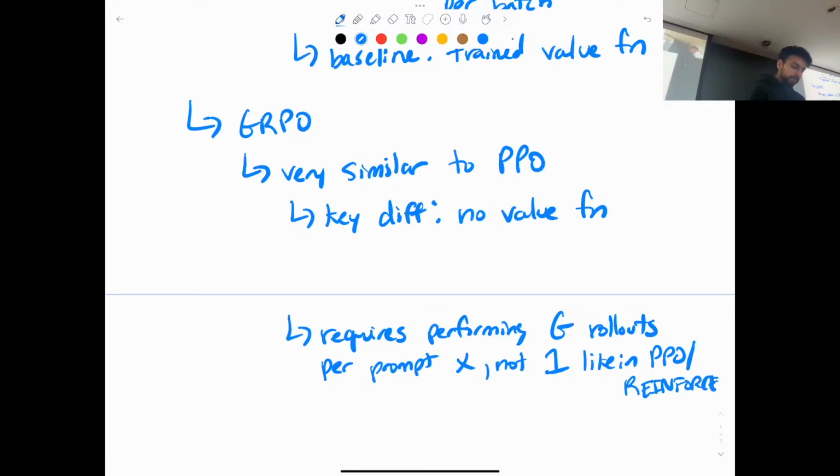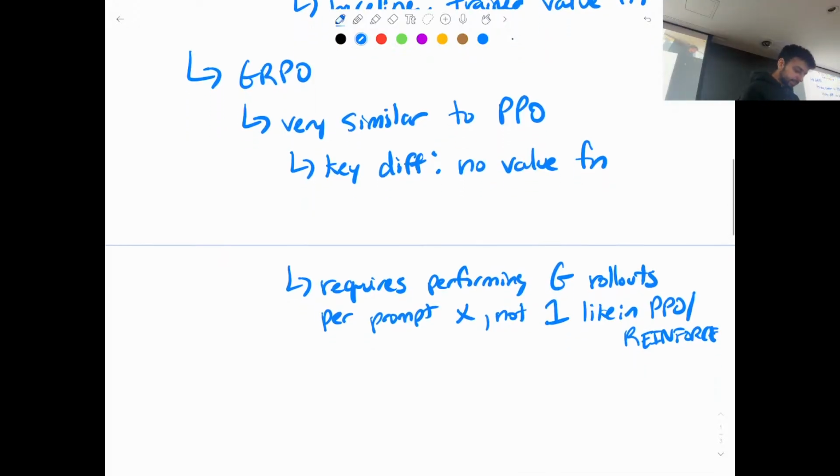In PPO or REINFORCE, you could certainly do multiple rollouts for a given prompt, but your advantages are not functions of the other responses, the other rollouts for the same prompt. GRPO explicitly connects all of the rollouts for a single prompt together using this normalization, mean centering and z-scoring with the standard deviation.